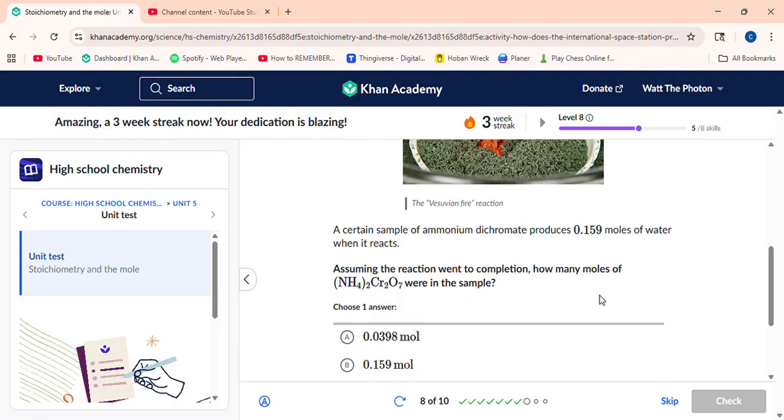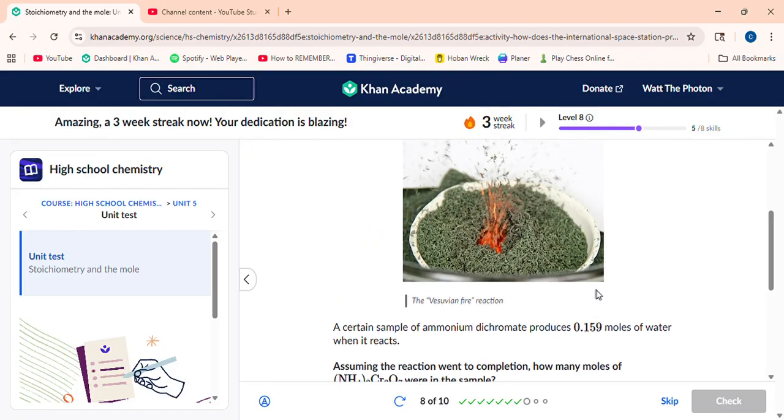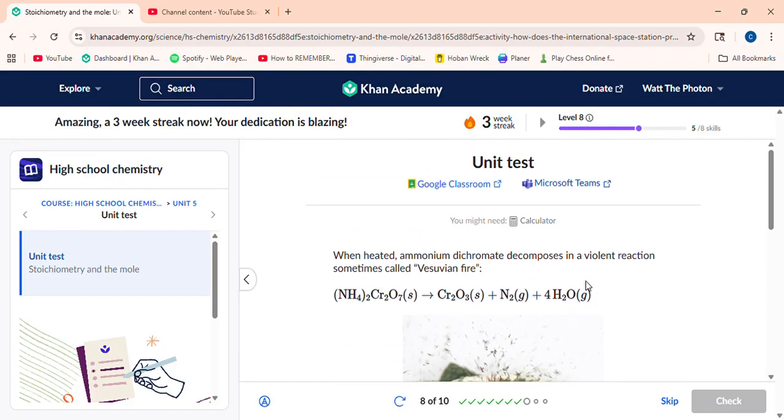So we multiply that with 0.159 times, 1 of this is equal to 4 of these. So we need to multiply it times 0.25, or divide by 1/4.